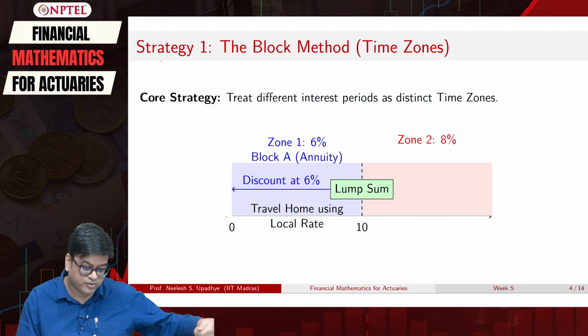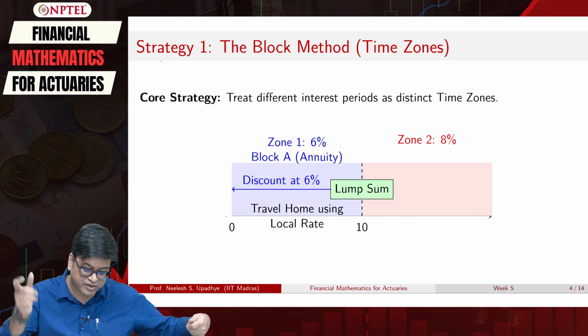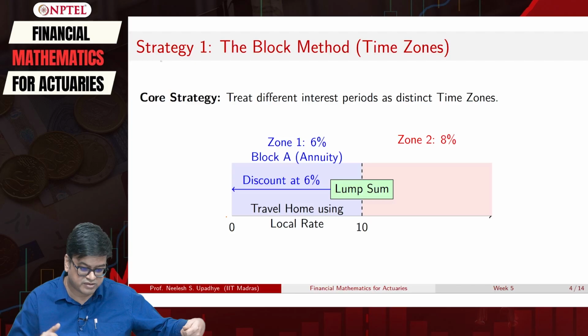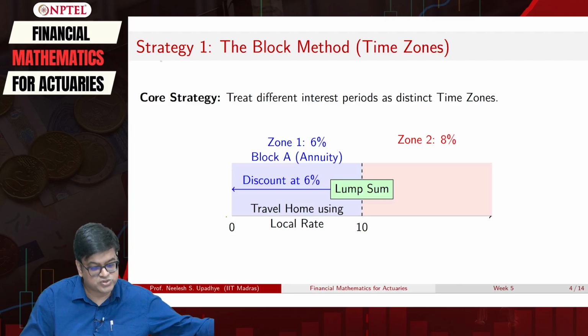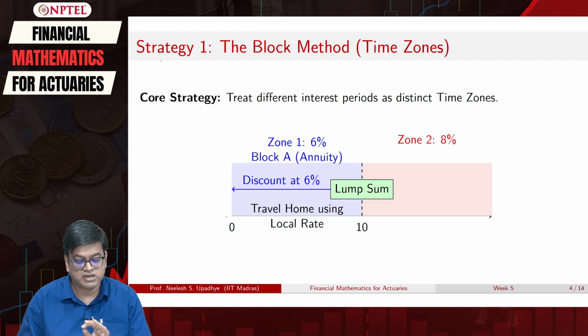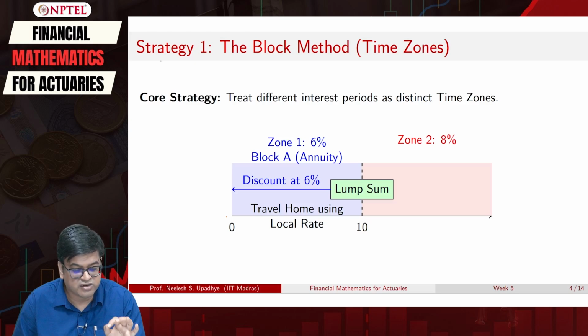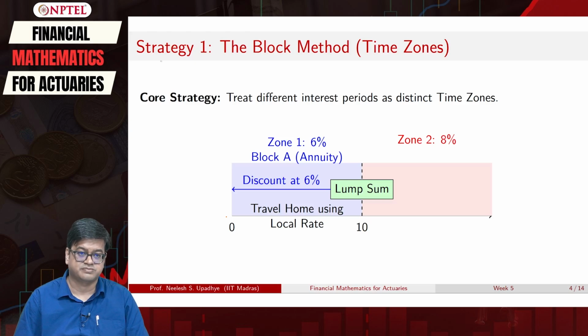While taking this lump sum, which accrued at 8%, by reverse engineering, we will discount it by 6% and push it to 0. So this is the crucial trick of this problem. We will do that one by one now.